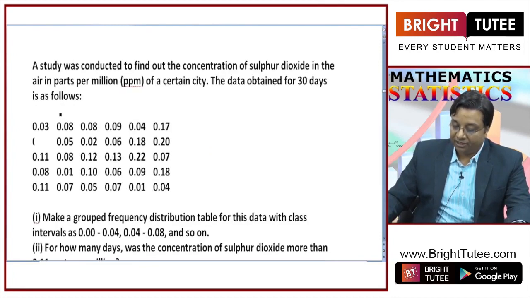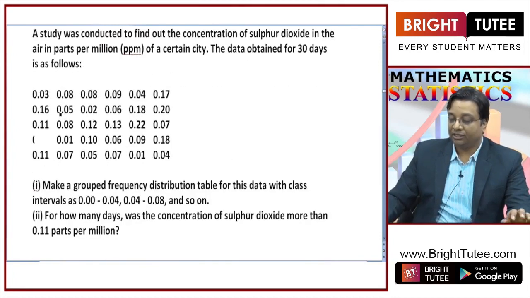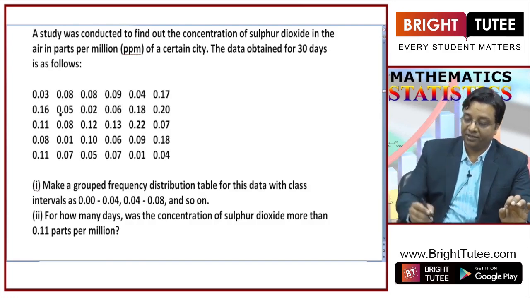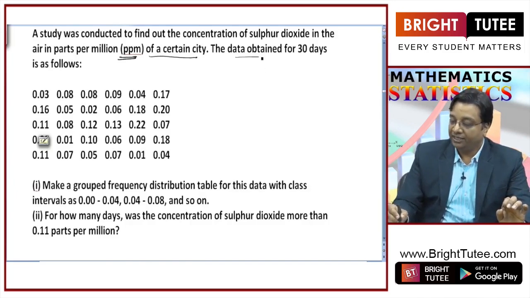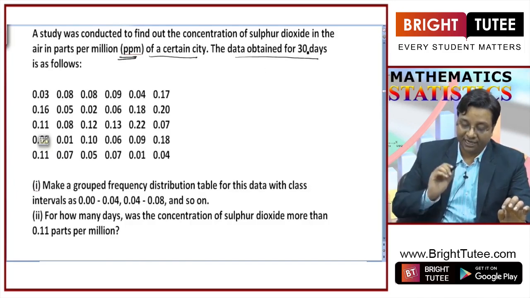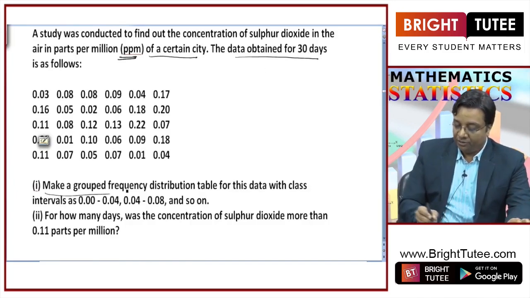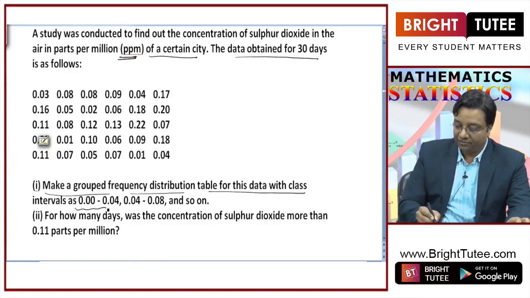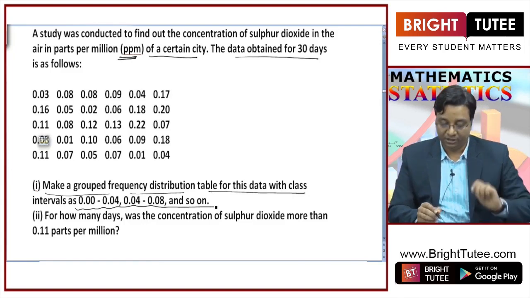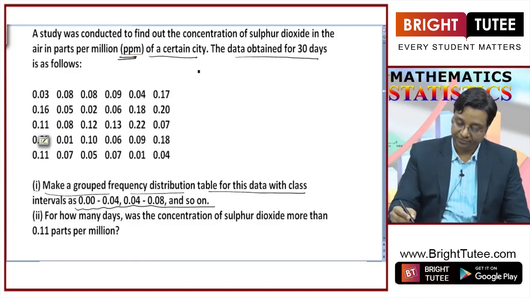A study was conducted to find out the concentration of sulfur dioxide in the air in parts per million, which is also known as ppm, of a certain city. The data obtained for 30 days is as follows. Make a grouped frequency distribution table of this data with class intervals as 0.00 to 0.04.